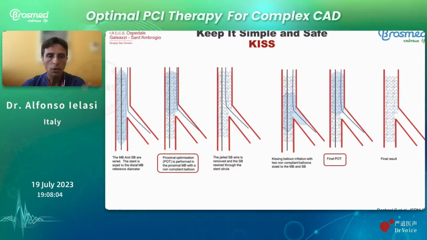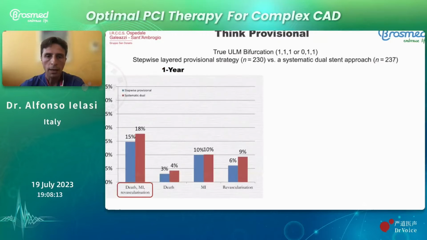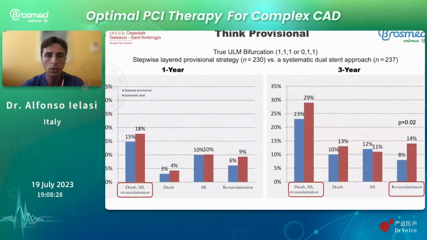It means try to implant just 1 stent in the main vessel, optimizing the implantation of the stent. As you know, the provisional approach is non-inferior to a systematic dual stent approach at 1 year follow-up in terms of a composite of death, MI, and revascularization, while it is associated with a lower incidence of target lesion revascularization at 3-year follow-up.